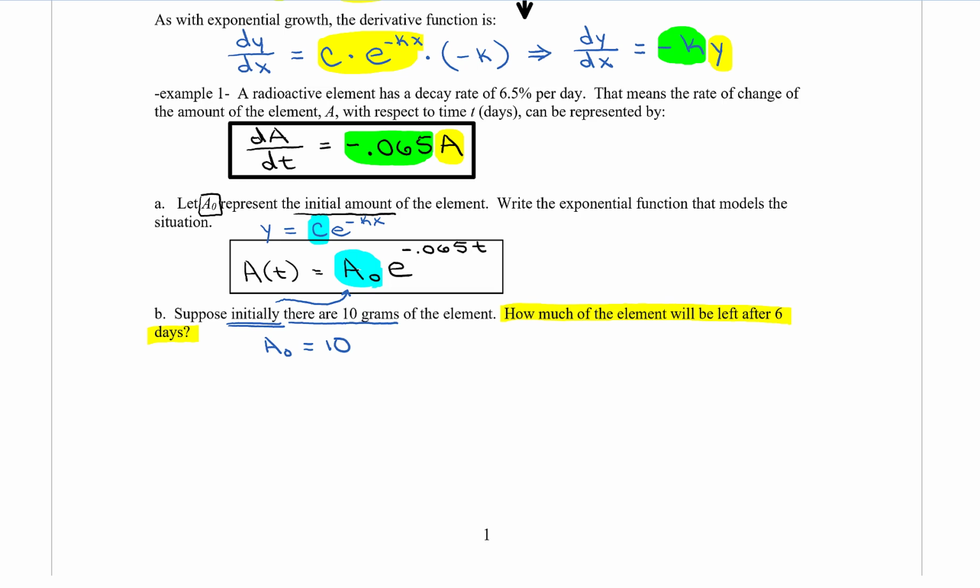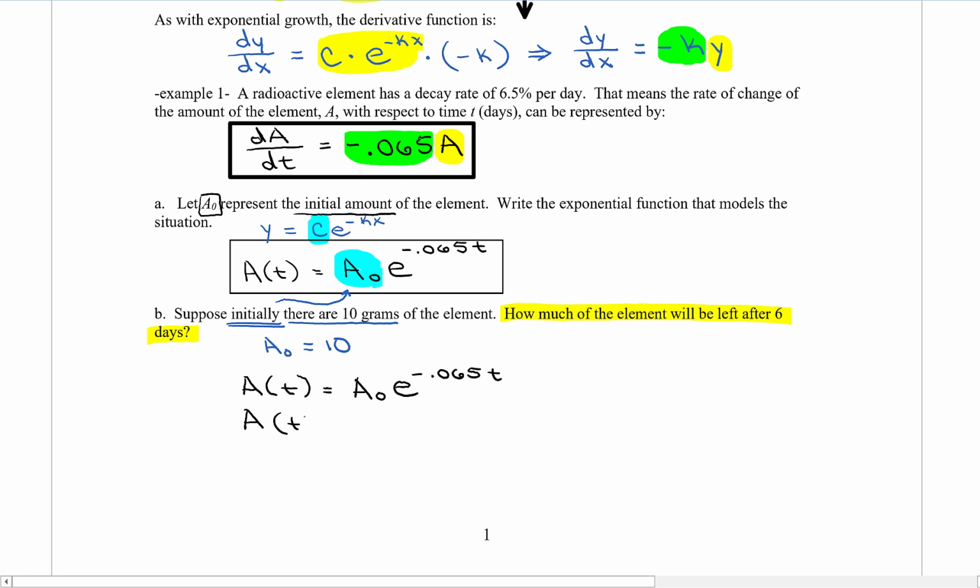So underneath, I'm going to write A sub 0 equals 10, and then write my equation A of t equals A sub 0 times e raised to the negative 0.065 times t power. I'm going to substitute a 10 for A sub 0.